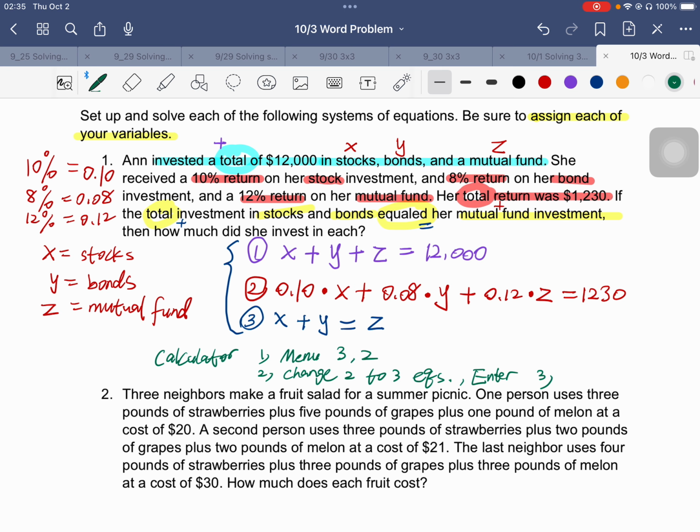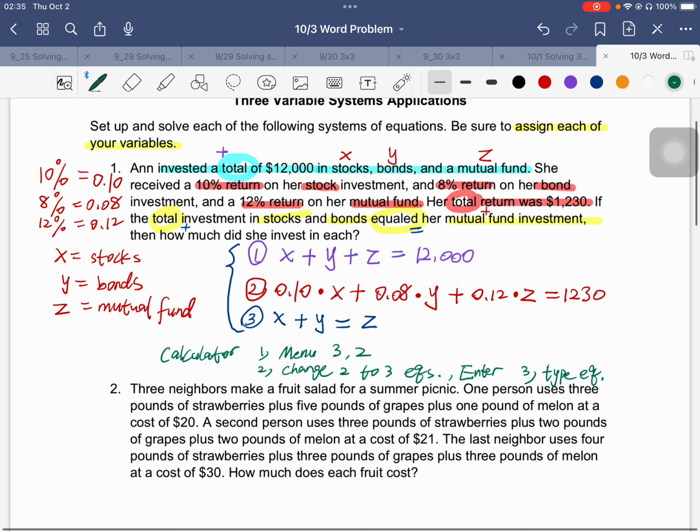Third step is type in the equations. And then the calculator will give you the answer in the order of X, Y, Z, which in this problem is in the order of stocks, bonds, and mutual fund.